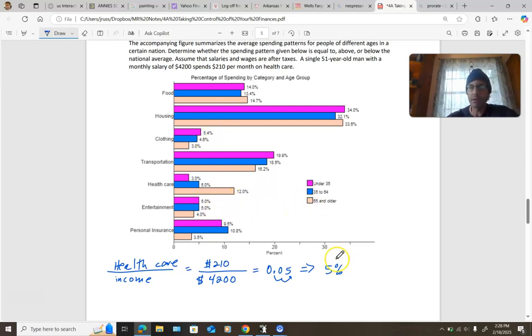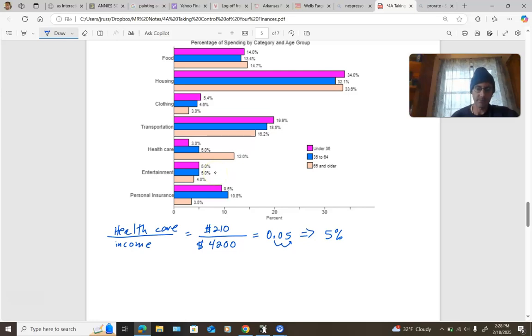He's a 51-year-old individual, so he's going to fall in this category right here in blue. And so we need to look at healthcare, and healthcare for his age group is 5%. So his expenditure on healthcare is equal to the average expenditure on health care.